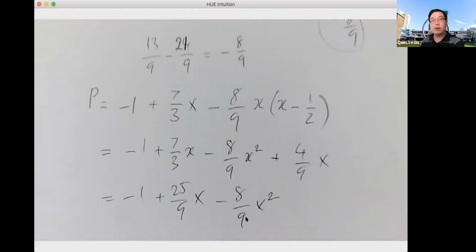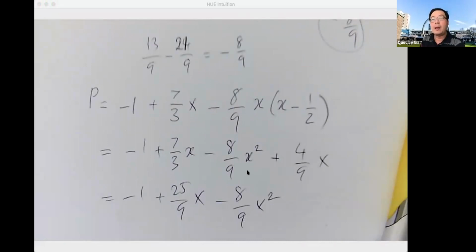So if you remember, there's a question, yeah. For interpolation, do we use Newton? It's up to you. You can use Lagrange polynomials, but you will get the same answer.